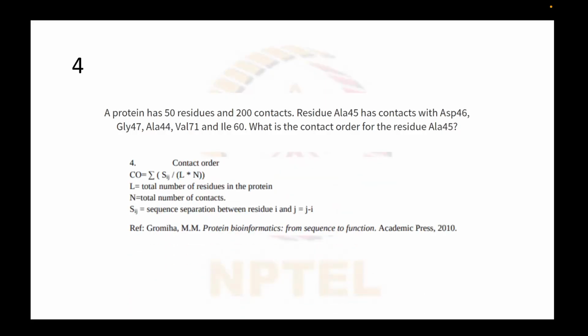This is the formula for contact order, where Sij is the separation between the residues.